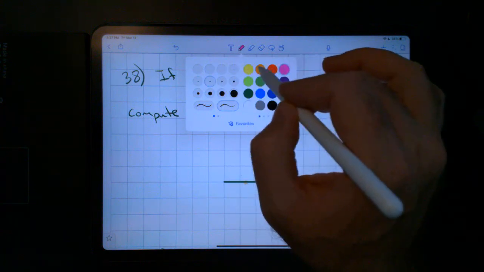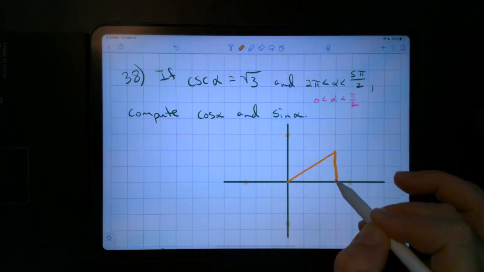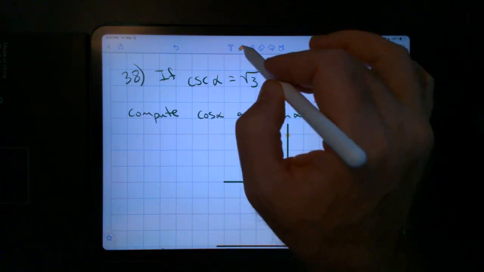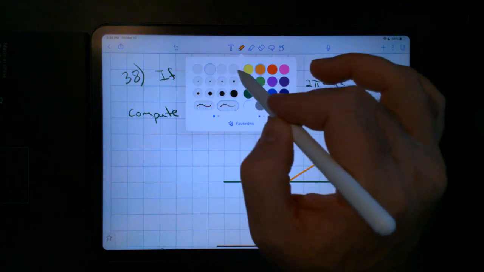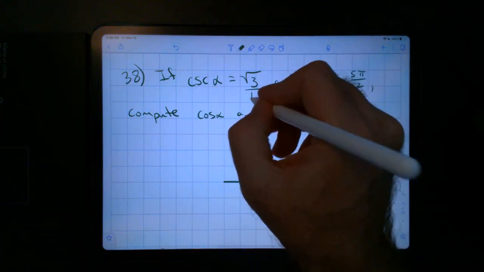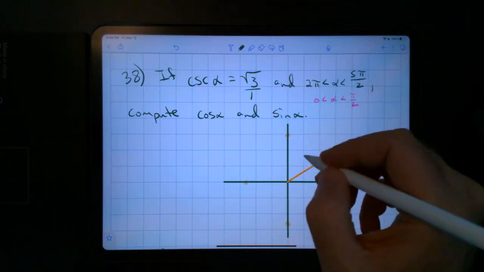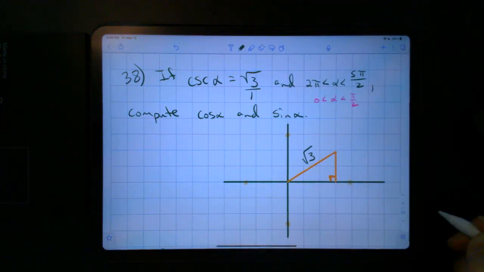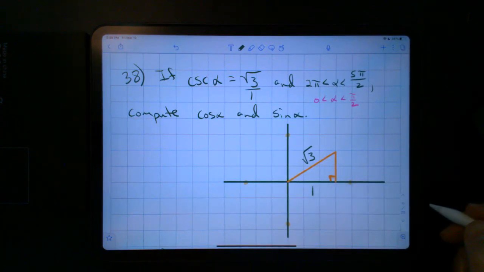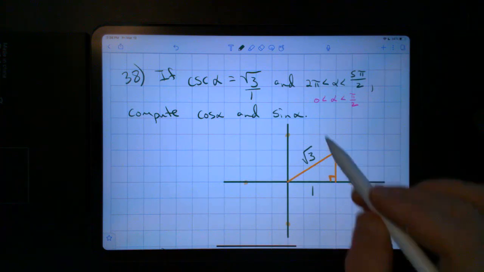Draw a generic right triangle, quadrant 1. Cosecant is the inverse of sine. This is the same thing as radical 3 over 1. And so our hypotenuse is radical 3, and our length is 1. So the height, oh, I'm sorry.